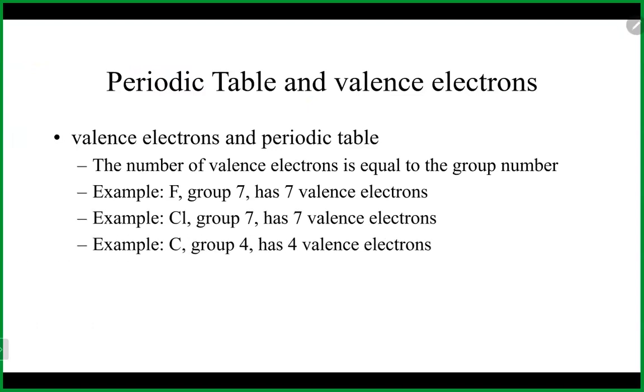And as we see here in these examples, fluorine group 7 has 7, and carbon group 4 has 4. And again, carbon is 1s2, 2s2, 2p2, and it would be these 4 right here that are the valence electrons for carbon. Questions on valence electrons there?